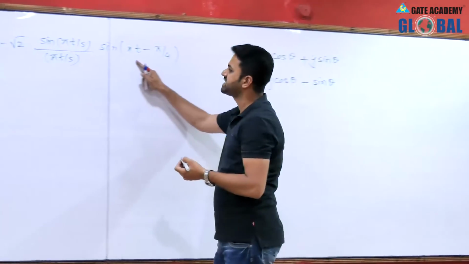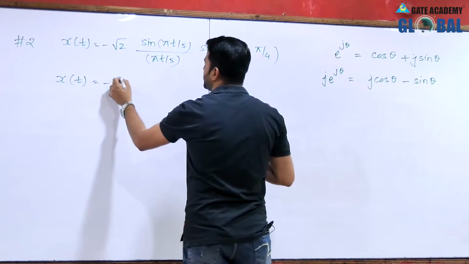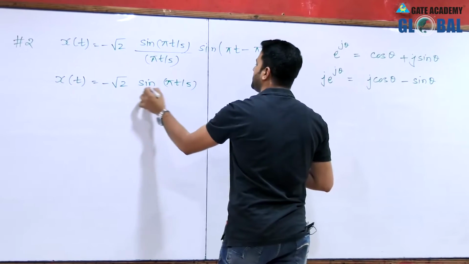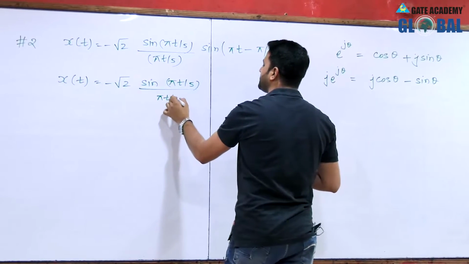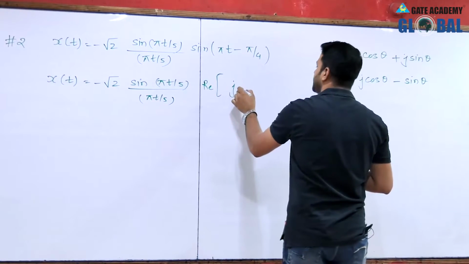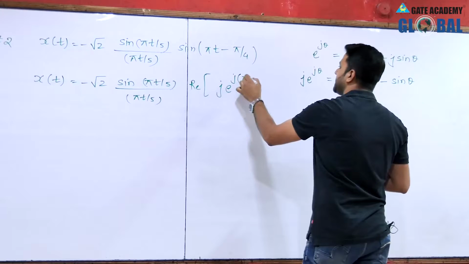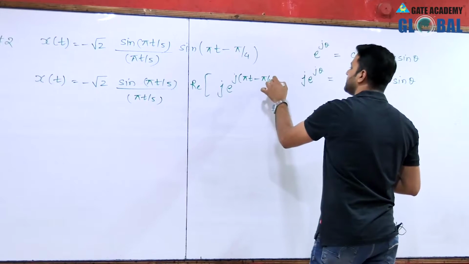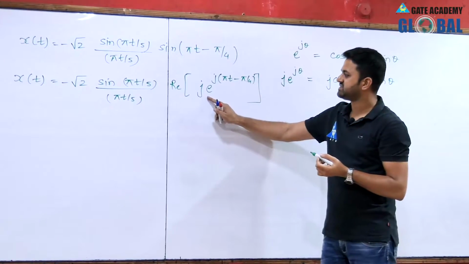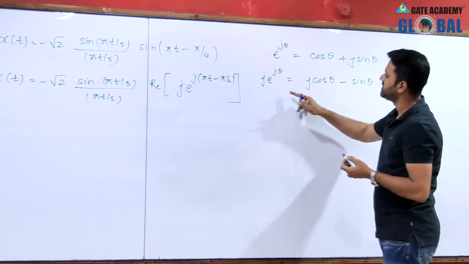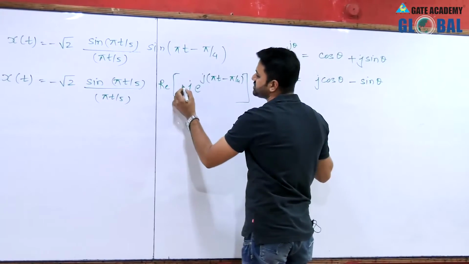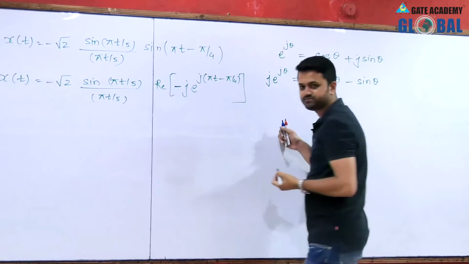So we have a sine signal, so we can write minus root 2 sin pi t by 5 divided by pi t by 5 times the real part of j into e to the power j (pi t minus pi by 4). If we write the real part of this, it is minus sin theta, but here we have sin theta, so we have to keep the minus sign here.